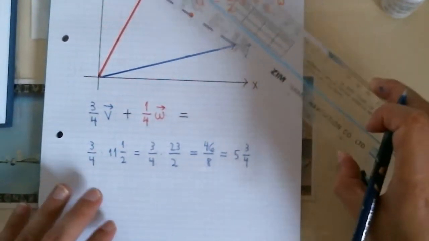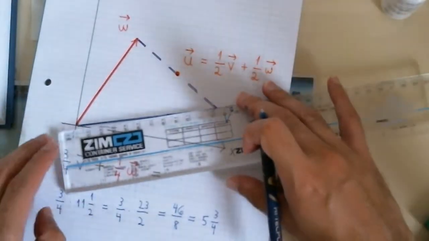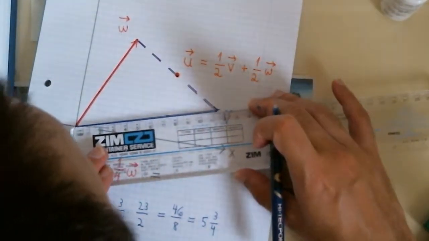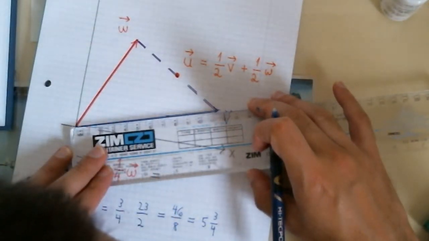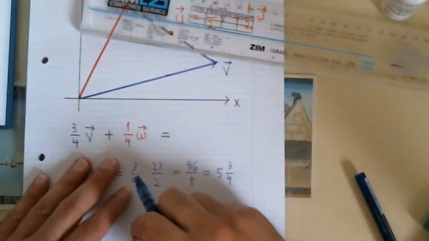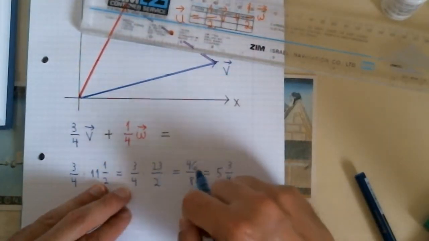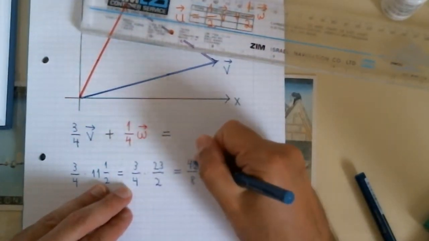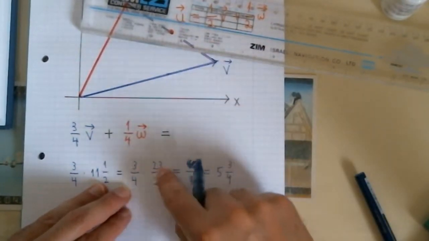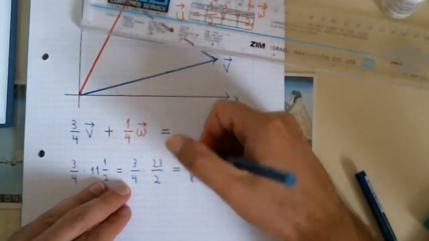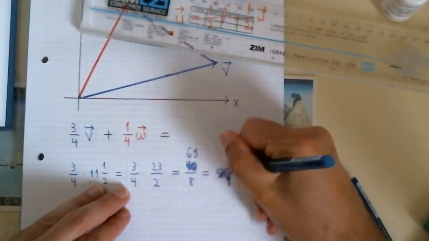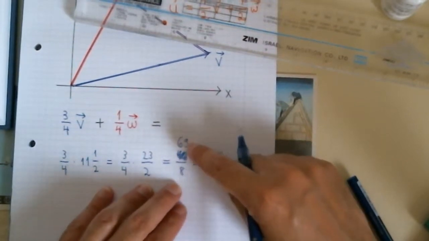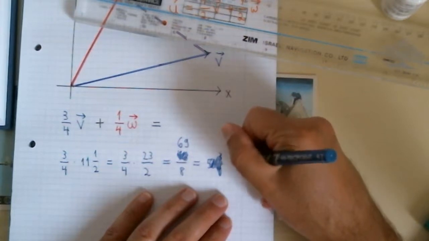Okay, so we are going along this line. Maybe I got it wrong. No, here it's not 46. I'm sorry. If it was 2, it was 46. This is 69. So this is not 5 3/4, sorry. This is 8 5/8.